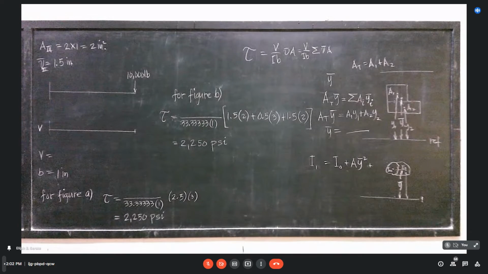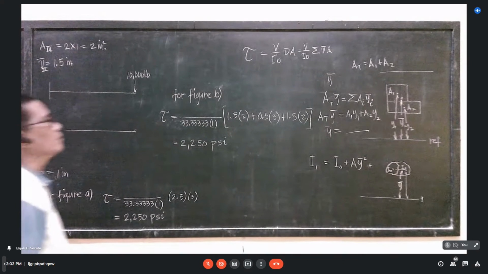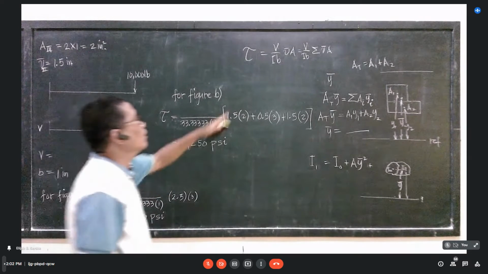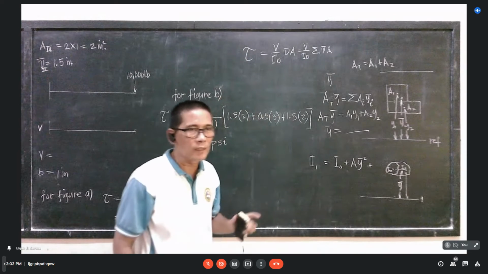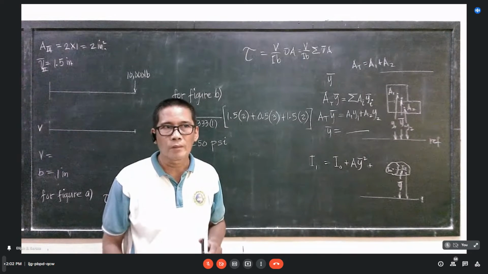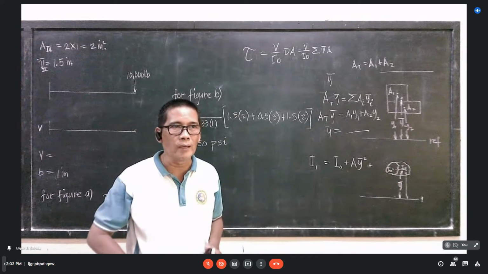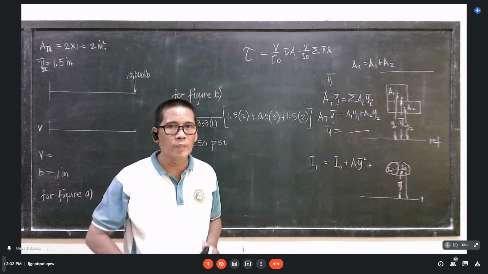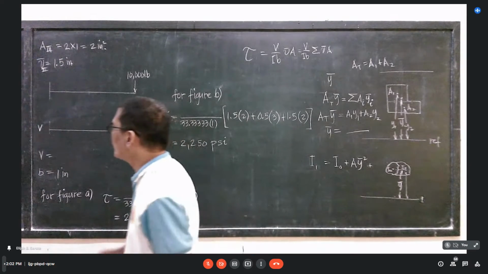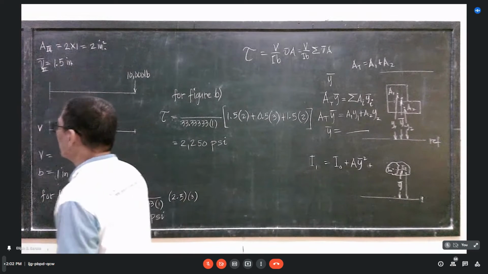In that formula, it is not the total area. Our definition: cross-sectional area of what? Of the beam between the outer fiber and the line where the shear stress is desired, where you are interested to determine the shear stress.